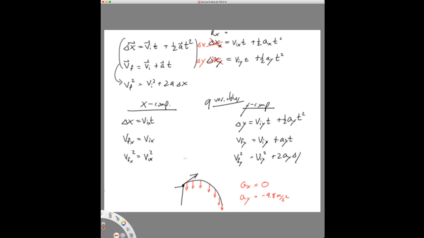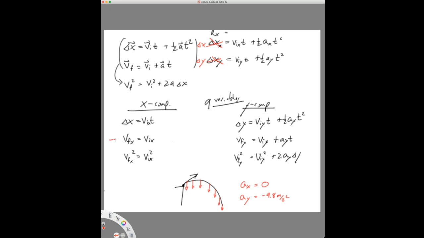So let's look at what happens to my x equations now that I did that magic trick. Let me pause and make sure there are no questions about that trick. Does everyone understand why? Raise your hand if you understand why I'm allowed to erase all that stuff. Okay, good. Now let's look at what remains.